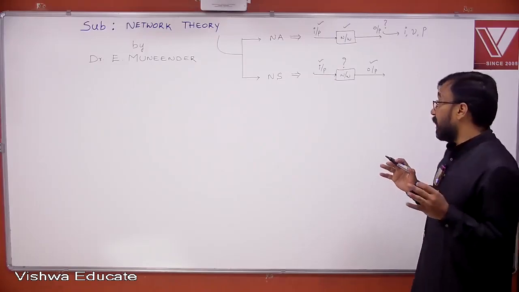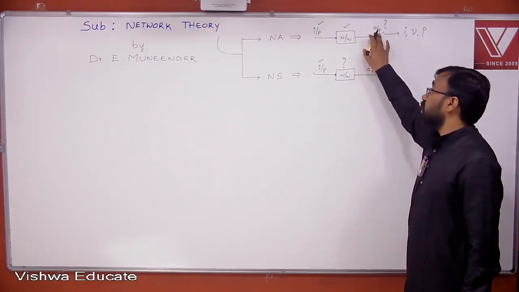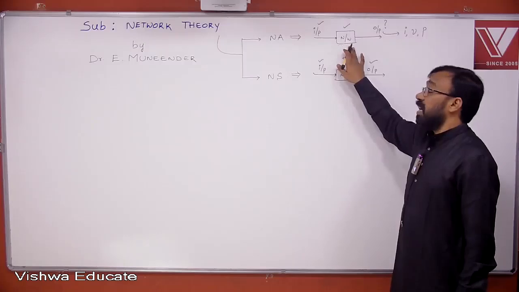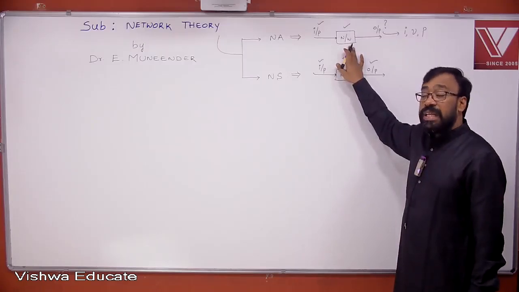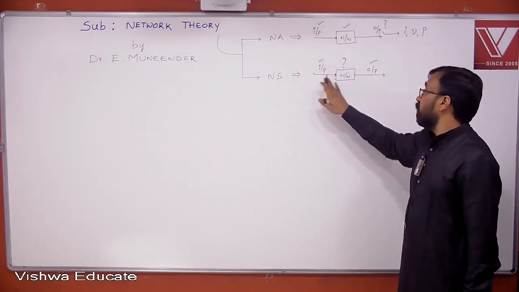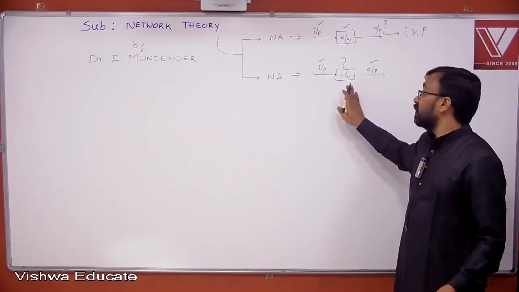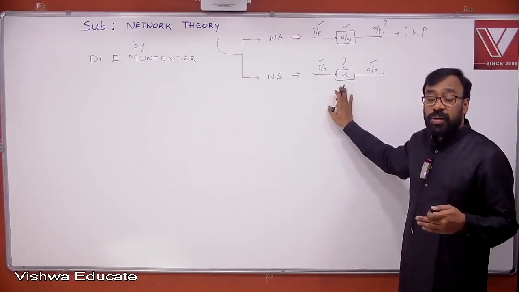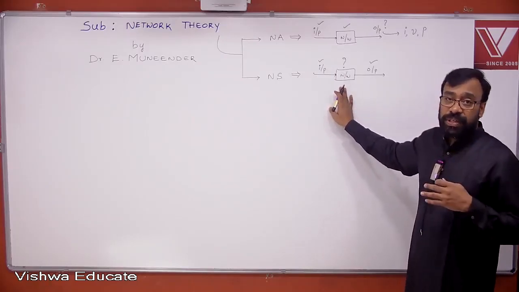So this is completely opposite. In network analysis, the output is to be found when the input and network are given. Here, input and output are both given, but you are expected to determine the network using physical components.